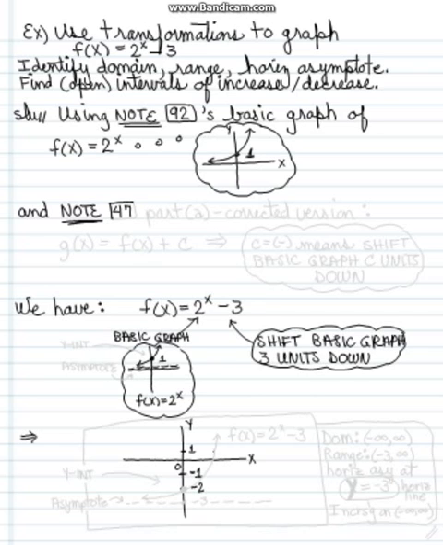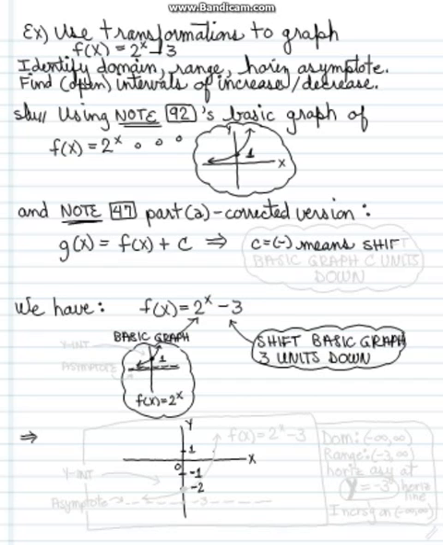We'll also use note number 47, part A, the corrected version of part A, which says if you want to graph from the basic function f of x a variation g of x equals the basic f of x plus c, that would imply that when c is equal to a negative number, which it will be in this case, you're going to shift the basic graph c units downward.